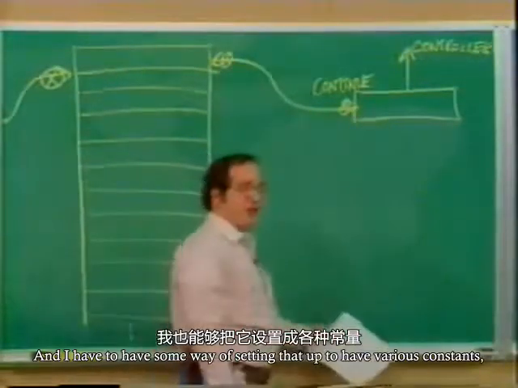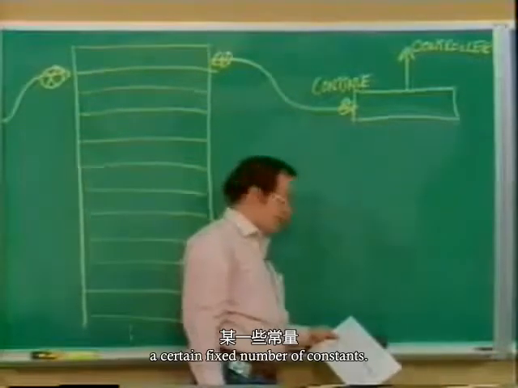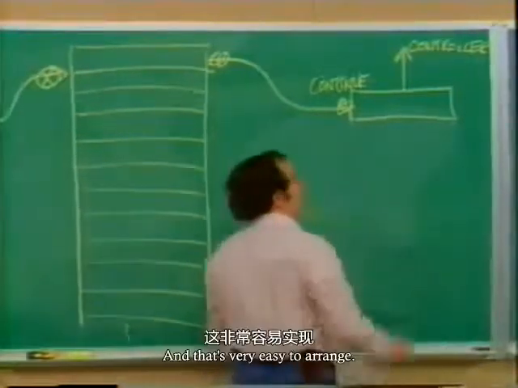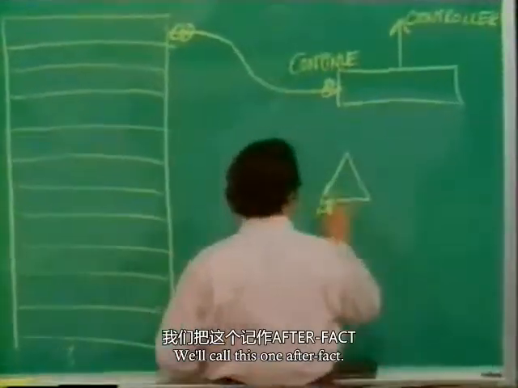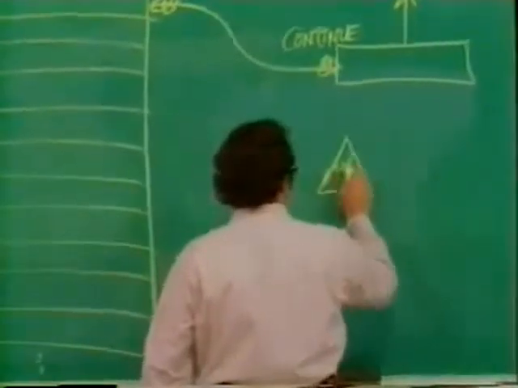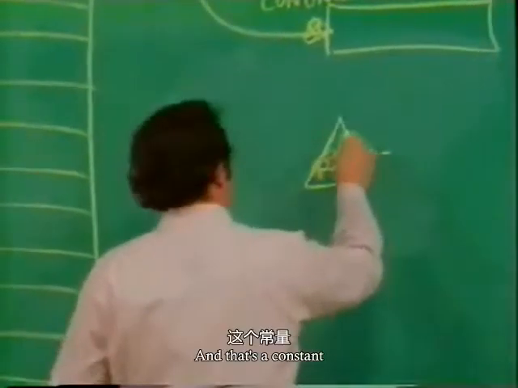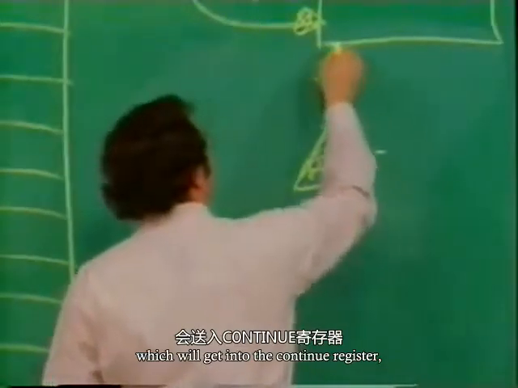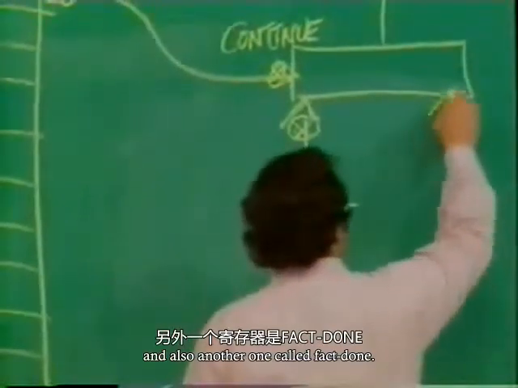And I have to have some way of setting that up to have various constants, a certain fixed number of constants. And that's very easy to arrange. So let's have some constants here. We'll call this one after fact. Okay, and that's a constant which will be fed into the continue register. And also another one called fact done.